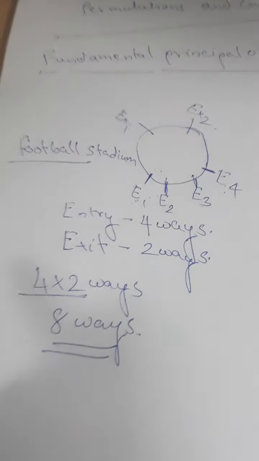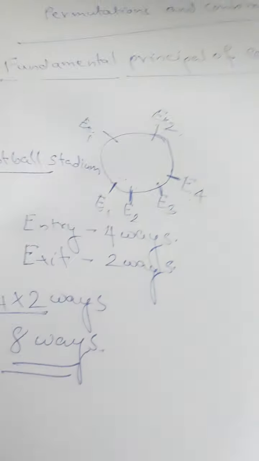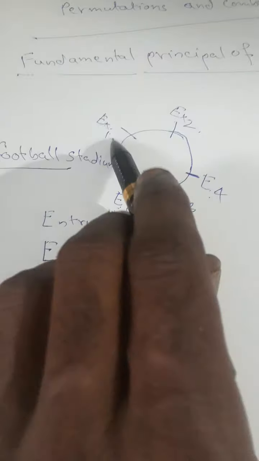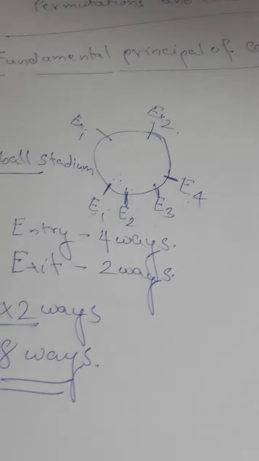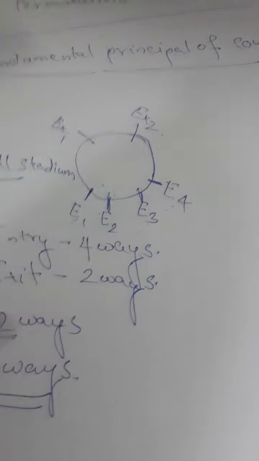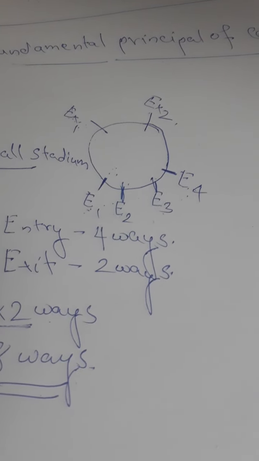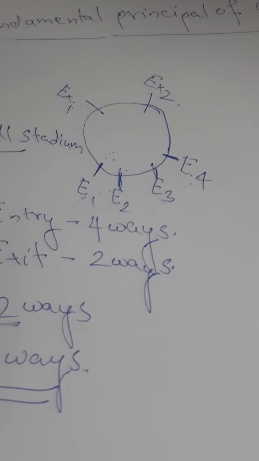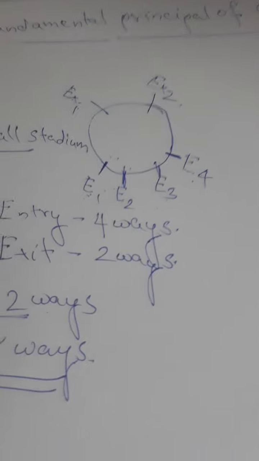That is, entering is one event and exiting is another event. The exiting event is going to happen only after the entry event has been made. This is the basis for the fundamental principle of counting for multiplication.